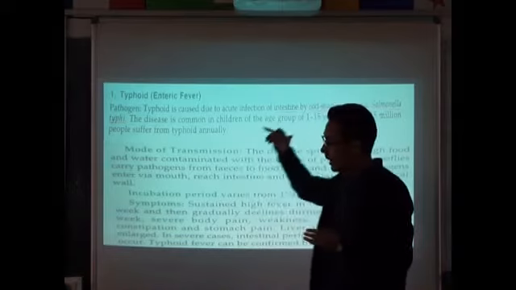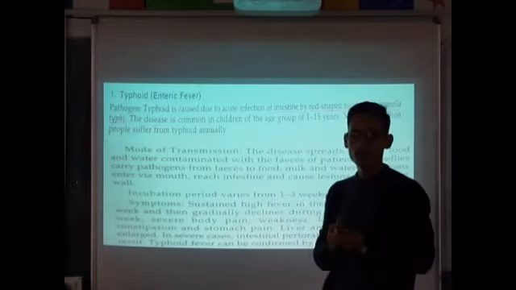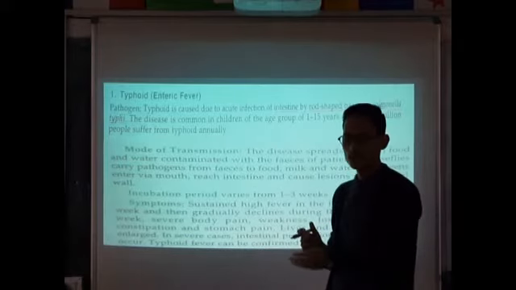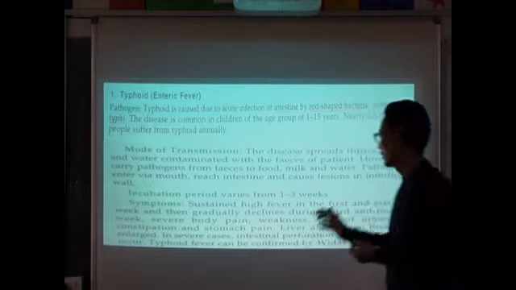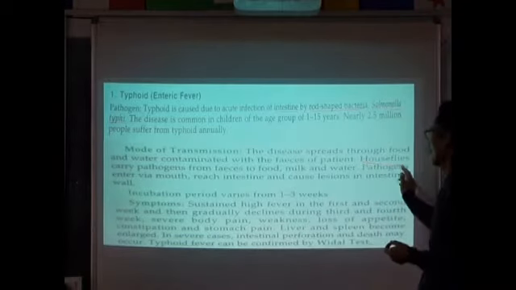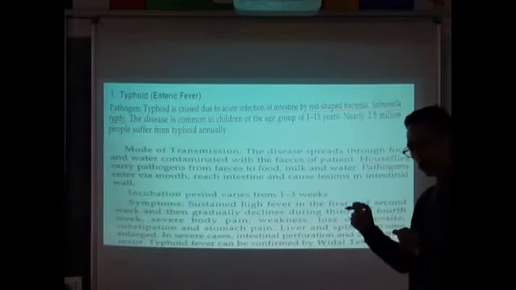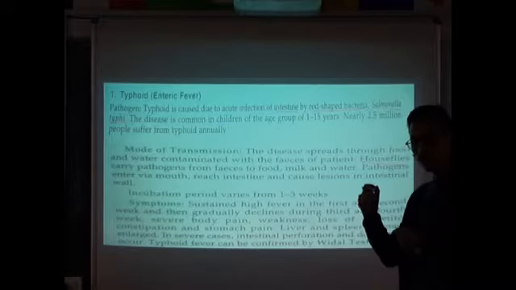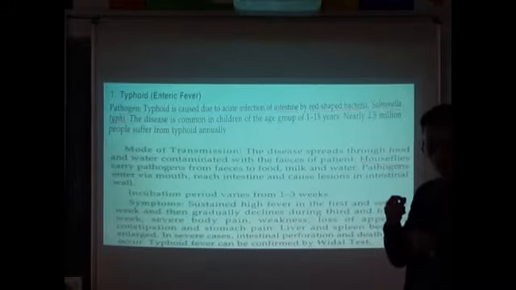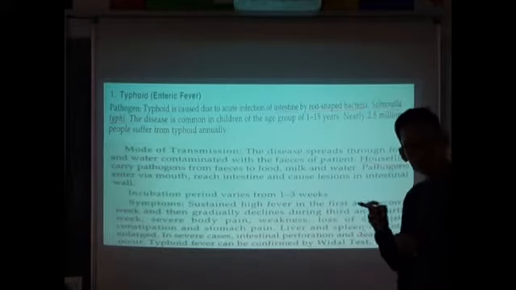Clear? So this particular bacteria is mainly transported from one place to another by the help of a carrier. And one example of carrier is house flies. Whenever the house flies carry the bacteria from the fecal material of an infected person to the water body or to the food that we eat.